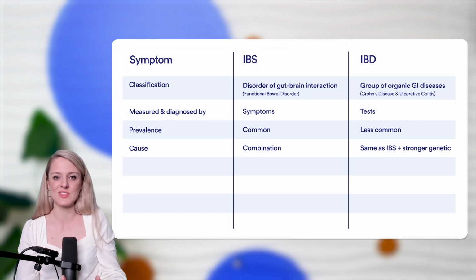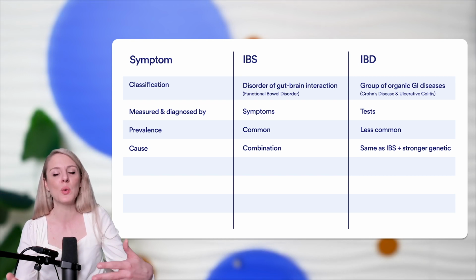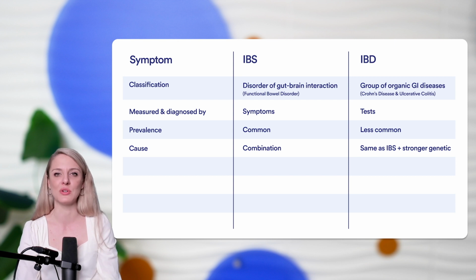So I think one distinguishing thing, though, is that while genetics may play a role in IBS to some extent, the genetic component in IBD is a lot stronger. So you definitely see a little bit more genetic predisposition for IBD. So the key takeaway is that the causes of both conditions are poorly understood and likely related to a combination of environmental, immunological, and genetic factors, with genetics playing a larger role in IBD.